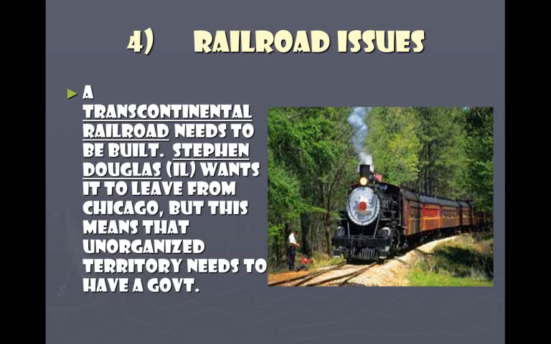The fourth cause of the Civil War is probably the most complicated. It has a lot to do with building railroads. Now that you have a gold rush in California, and California and Oregon have become states by the 1850s, there's a need to build a transcontinental railroad. It was really dangerous to cross the United States.